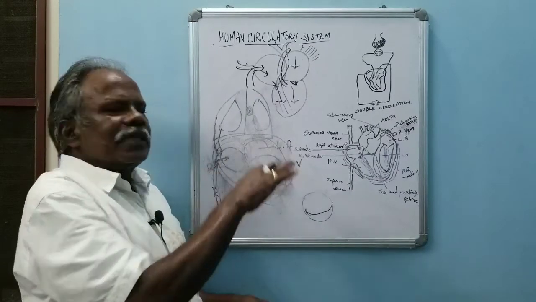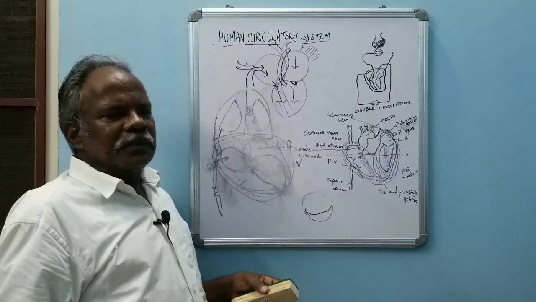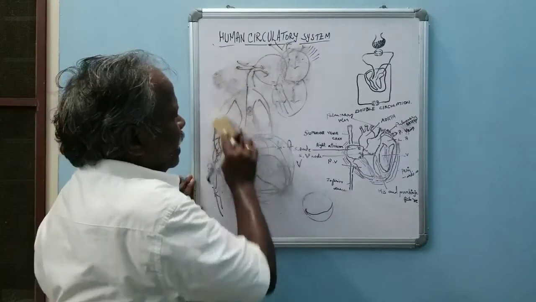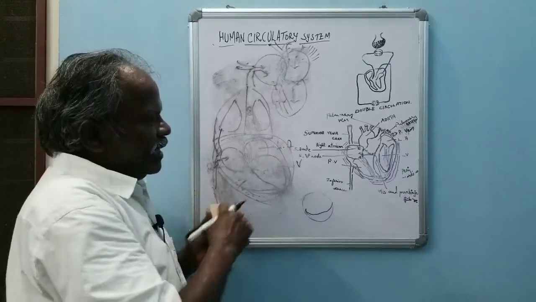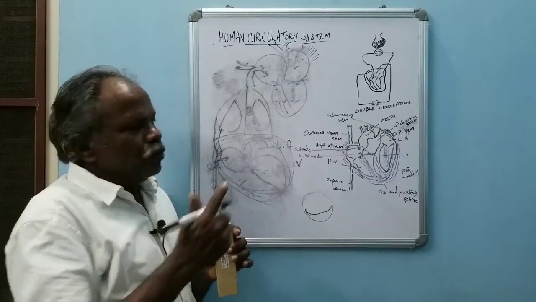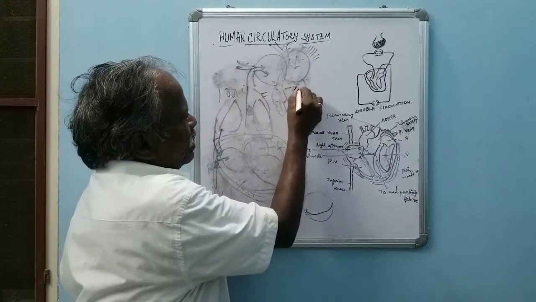Now this is with regard to the pumping of the blood. Next we will see what the rhythm is, how many times it contracts and relaxes. The heart contracts 72 times per minute.